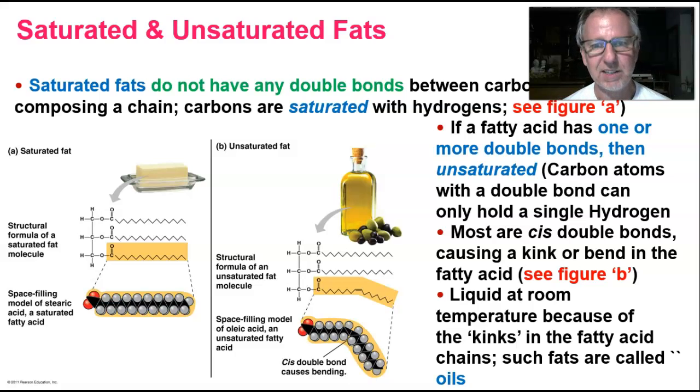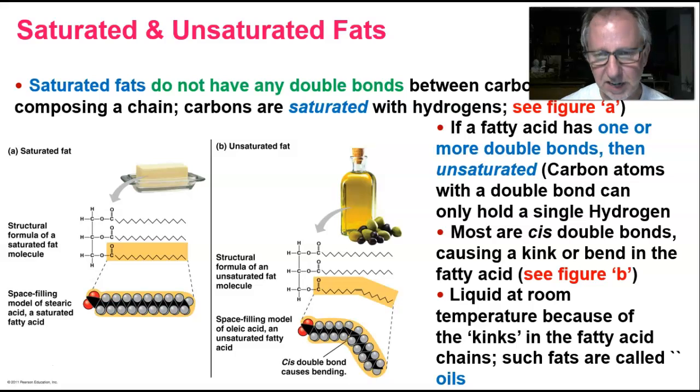Unsaturated fats, let's cover that. Unsaturated fats have at least one fatty acid out of the three that has a double bond, one or more double bonds in the carbon chain. And any place that there's a double bond in the carbon chains, that makes the fatty acid become bent or kinked.